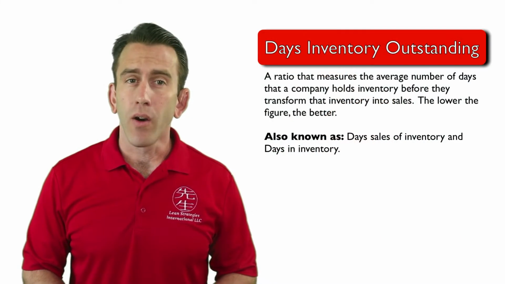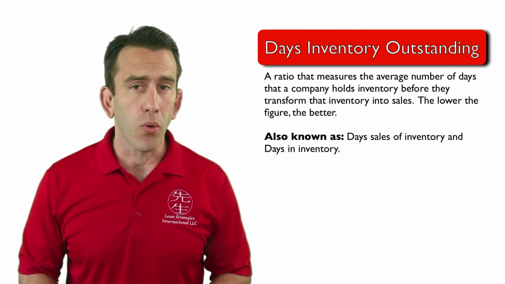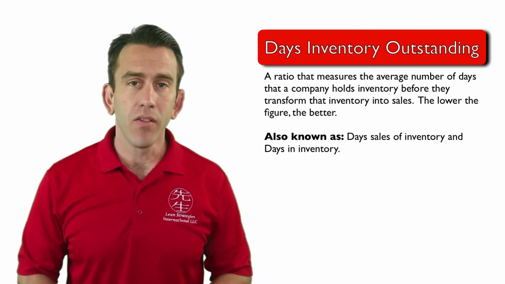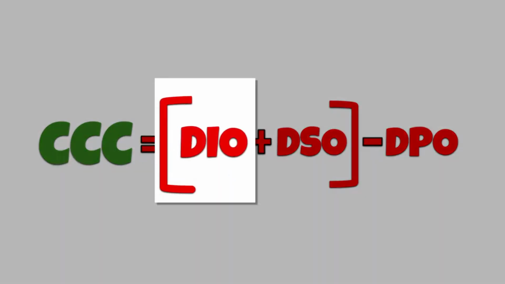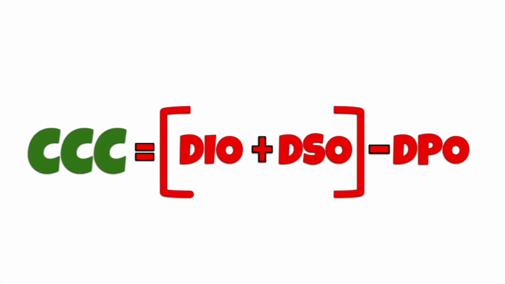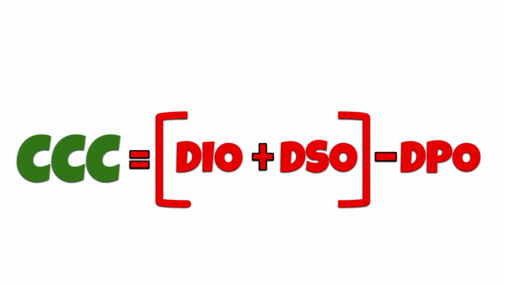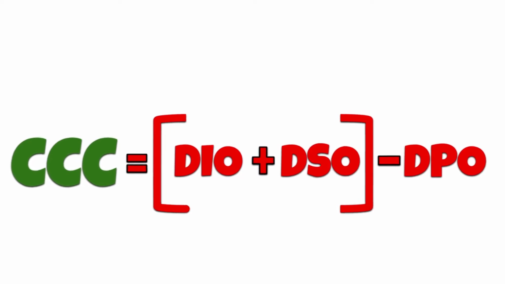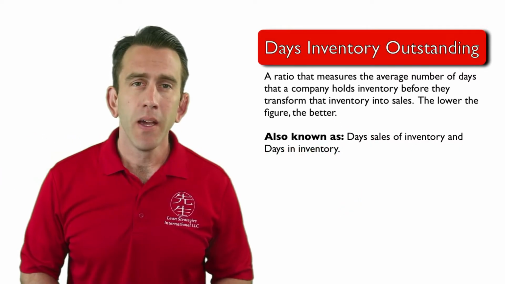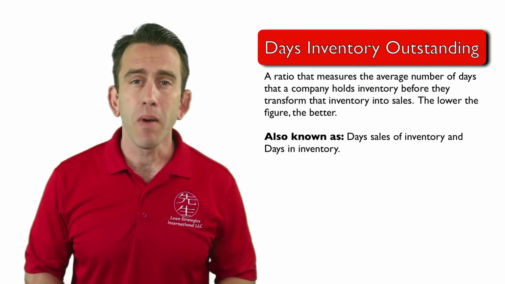Days Inventory Outstanding is also known as Days Sales of Inventory and Days in Inventory. Days Inventory Outstanding is one component of the cash conversion cycle, or cash-to-cash cycle time, which you can learn more about by clicking on a link in the description. The cash conversion cycle is calculated using three metrics.